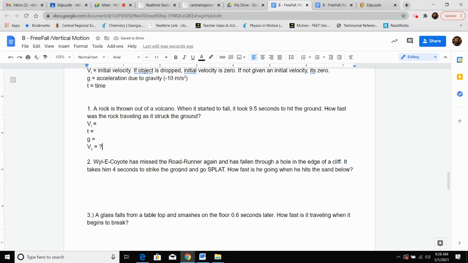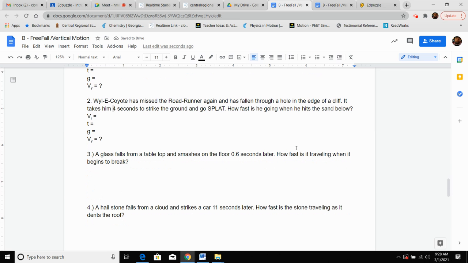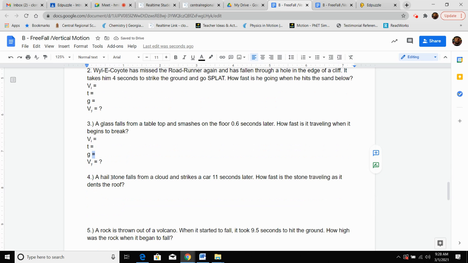All right, number 2, same thing. Wants to know how fast. You're going to use the same equation and the same variables. Number 3, how fast was this thing going? Again, same piece. Number 4, a hailstone, how fast was it traveling as it dents the roof? Again, same thing.